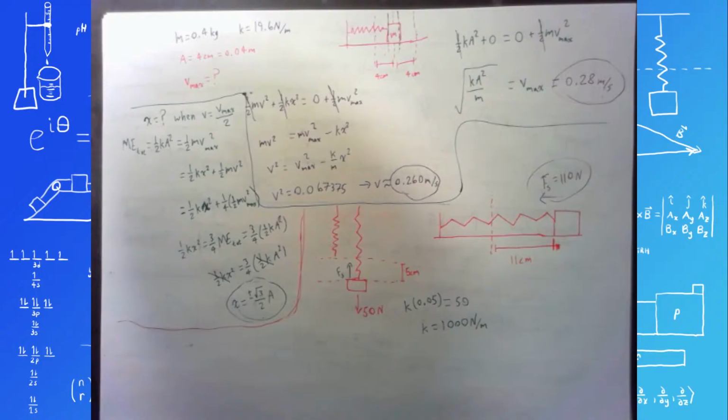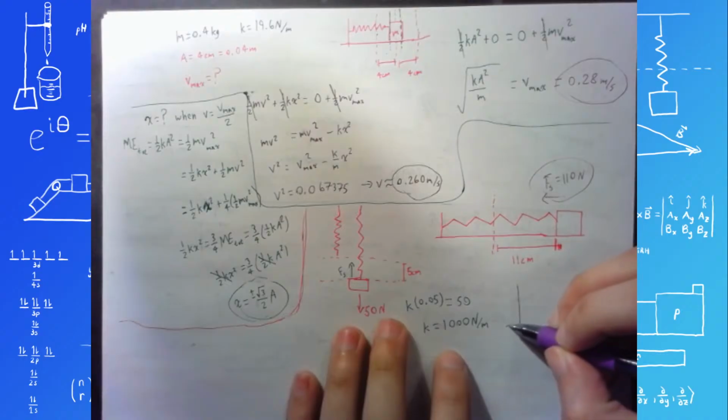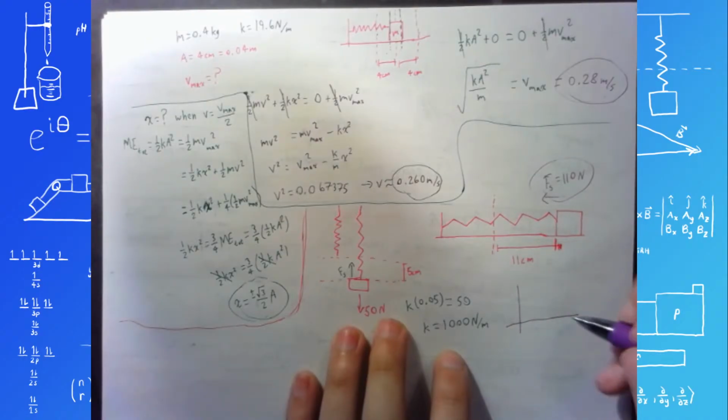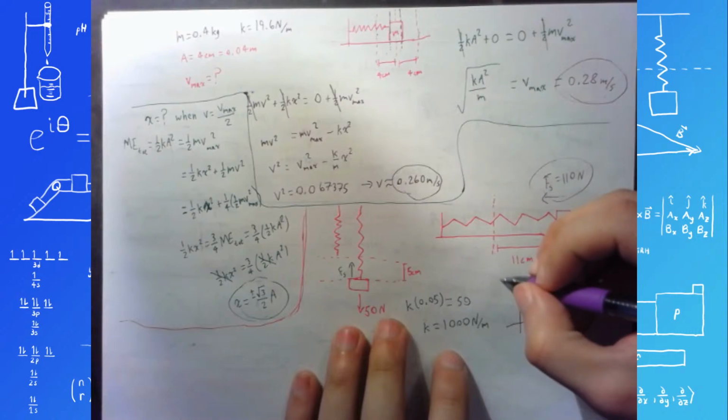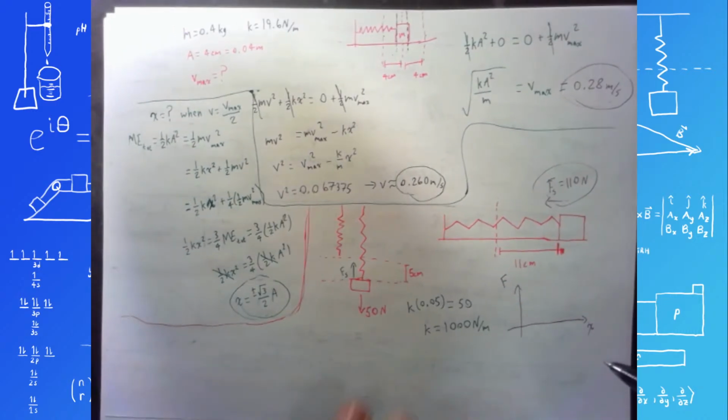Part B was asking to plot a graph of force versus spring displacement. I don't know if they meant magnitude of force or take magnitude and direction, but force versus position. So it's going to be a linear graph.